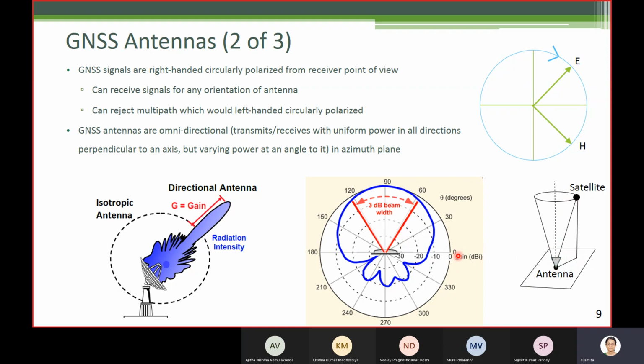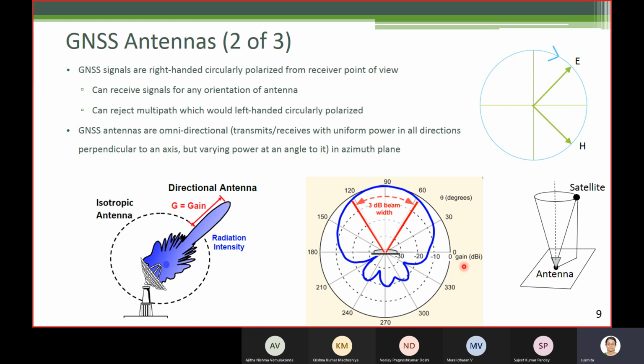This point here is mapped here. When the satellite is at 90 degrees, it will be here. So this point is mapped here. The radial lines show the elevation angles. So this right half corresponds to the right half of the vertical plane, and the left half here corresponds to the left half of the vertical plane.